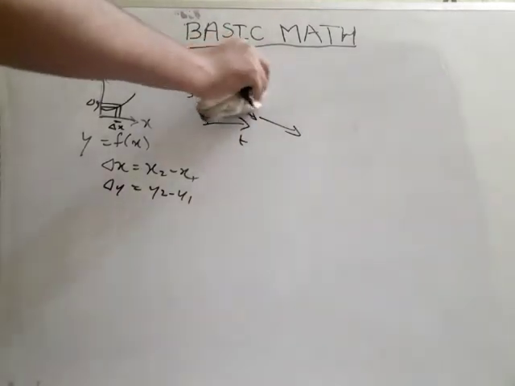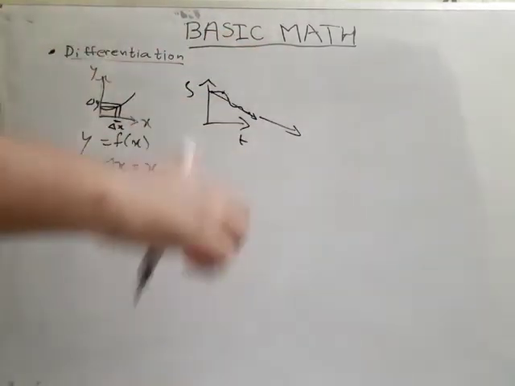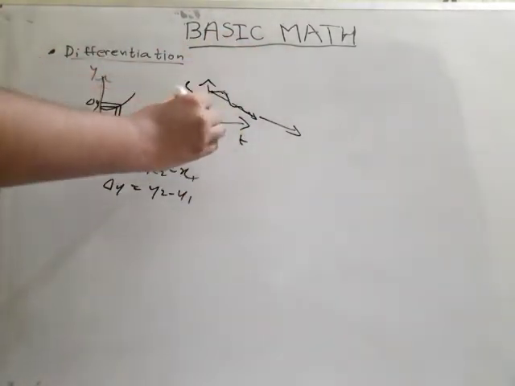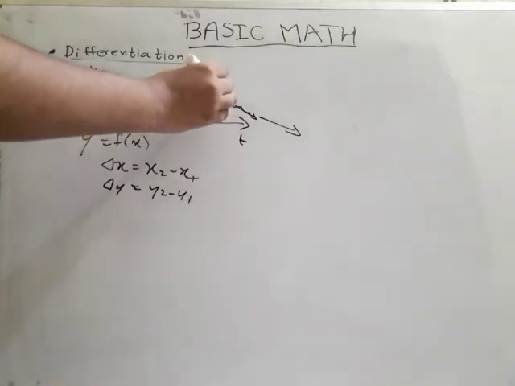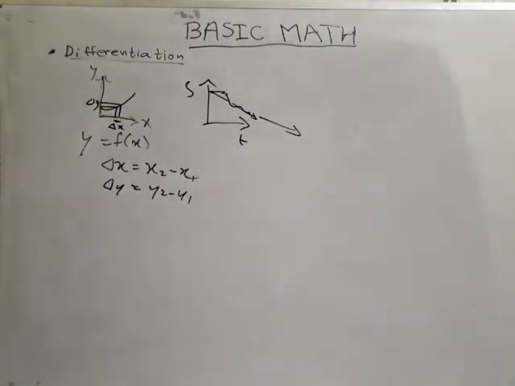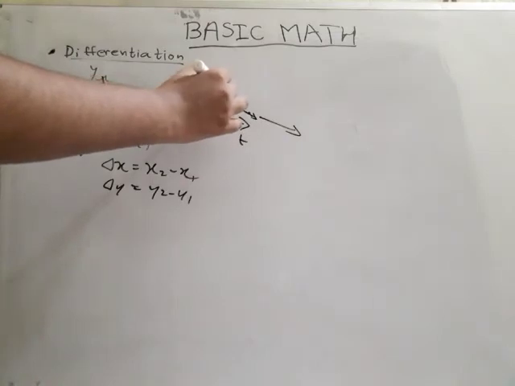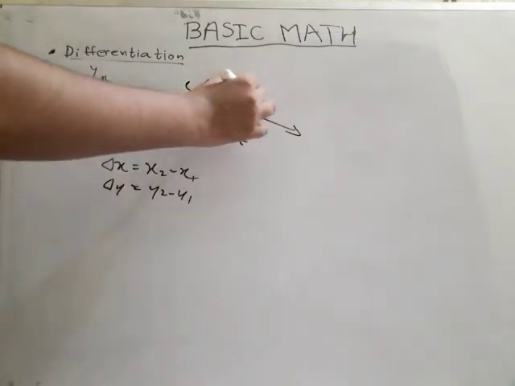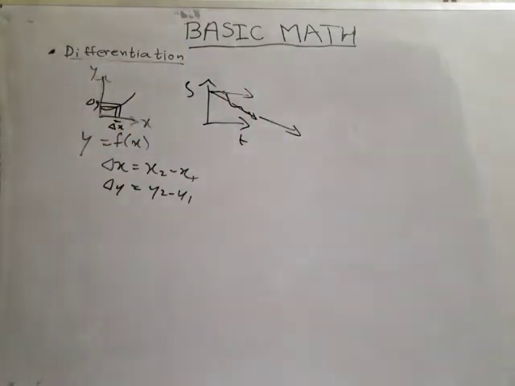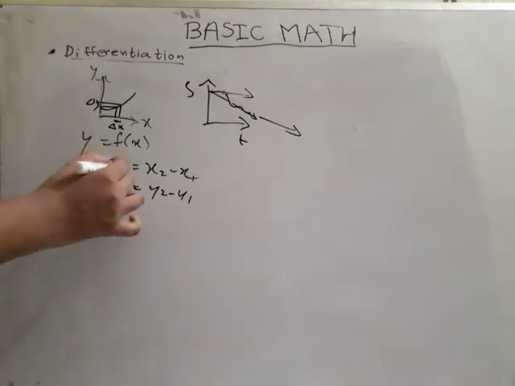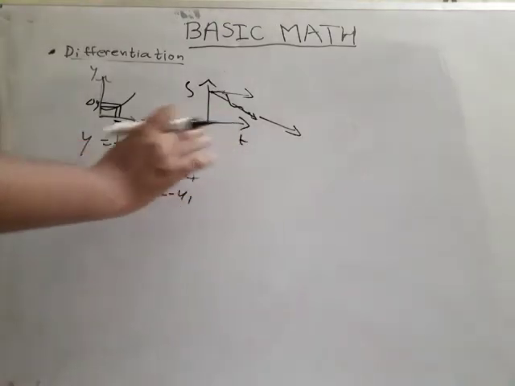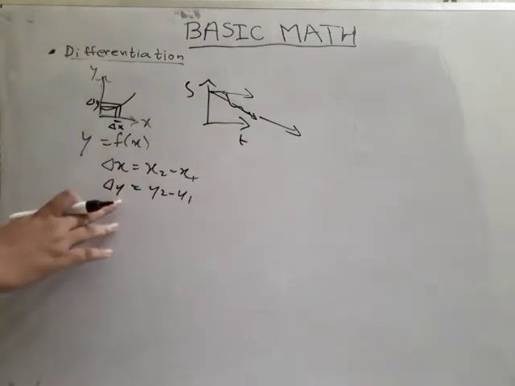Instantaneous means at that instant. At that instant we can find velocity by taking the displacement at this instant and time at this instant. How? Suppose the velocity at this point will be in this direction. On the x-axis we have plotted time and on the y-axis we are plotting displacement.